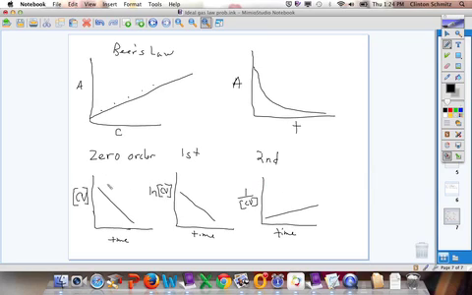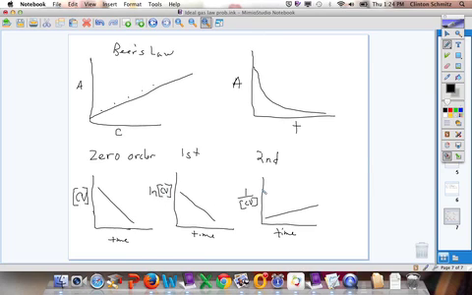If the Crystal Violet concentration over time is linear, then we have a 0 order reaction. If the natural log of Crystal Violet over time turns out linear, that means we have a first order reaction, and if it's second order, it will be 1 over Crystal Violet versus time. So your job is to figure out which order the reaction is in terms of Crystal Violet.